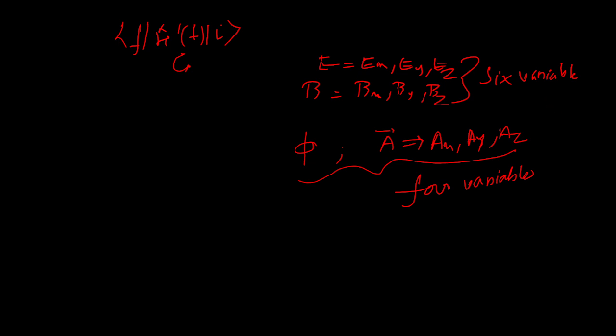So we convert 6 variables to 4 variables. There should be a redundancy, because there will be infinite possibilities going from 6 to 4. So to get from 6 to 4 there should be some fixation. That fixation has been done by Coulomb, and in electrodynamics this kind of fixation is known as gauge, Coulomb gauge fixation. So it can be written as del dot A.